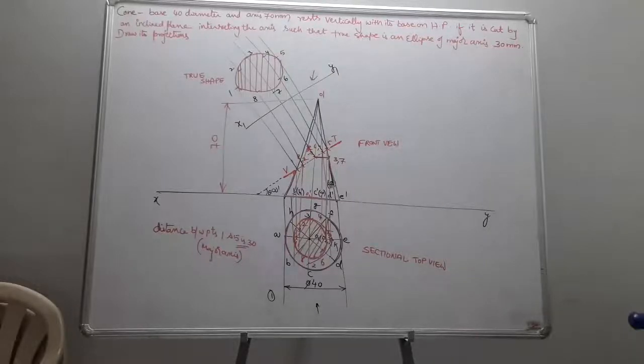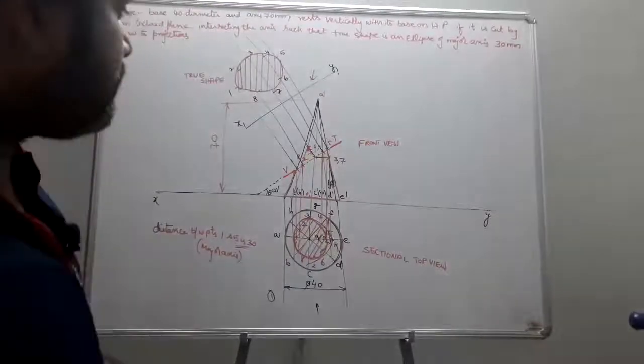Does anyone have any doubt? Students, have you understood how the 3 comma 7 points are obtained? Yes. Okay, no problem. I will explain once clearly.